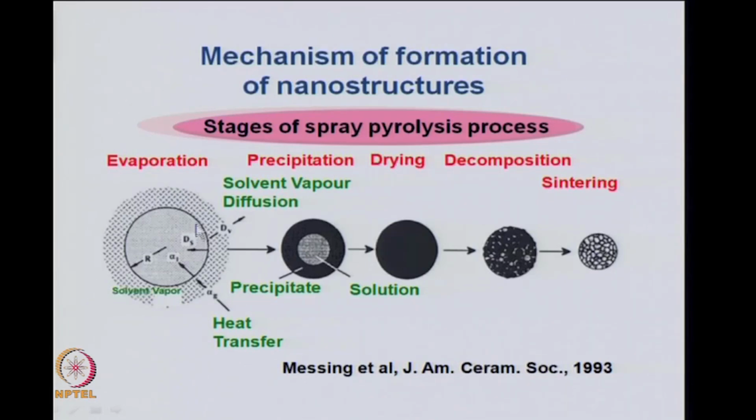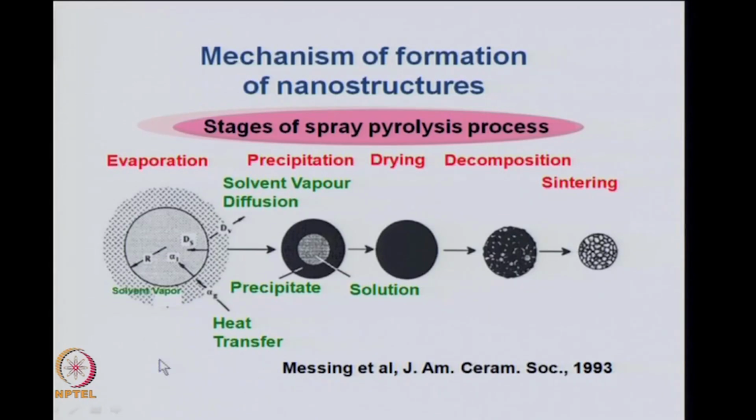So, you start from your droplet, the solvent starts evaporating first from the outside and then from the inside. You get this kind of core-shell structure with solid or precipitate outside and liquid inside, and then the whole thing becomes a solid. It has now dried up, no solvent, then it decomposes to give you particles with some voids, and then you sinter, and the particles become condensed close to each other with barely any voids.